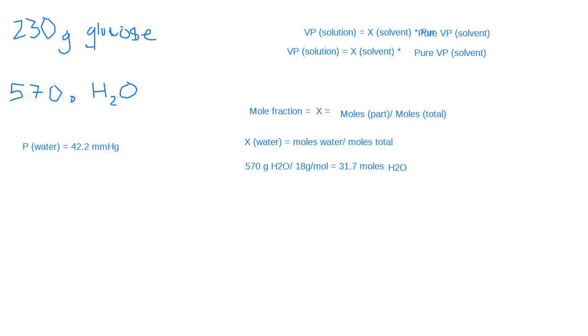Moles of glucose is going to be 230 grams divided by, let me double check the molar mass of glucose, which is 180.16 grams per mole. That should net us 1.28 moles of glucose.